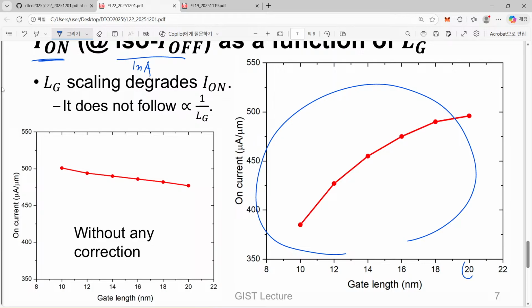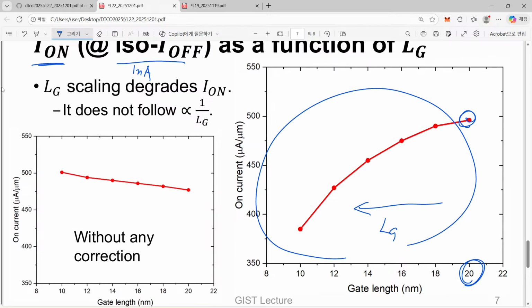Starting from our baseline 20 nanometer, if we reduce this gate length, then what we usually expect is, since we have reduced our gate length, following the 1/LG relation, maybe our on current would increase. That can be a naive consideration.